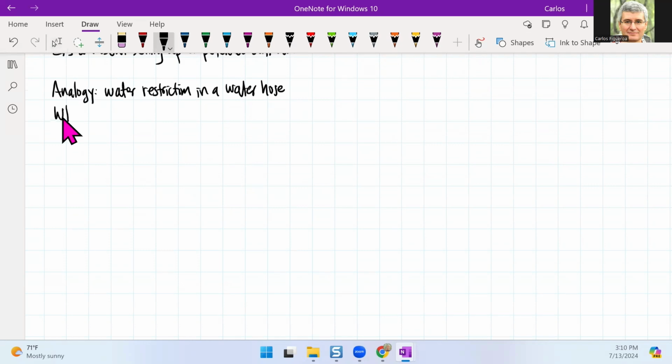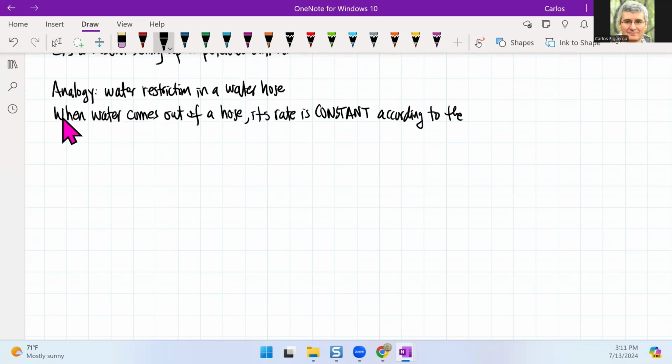So when water comes out of a garden hose, its rate is constant according to the volume flow equation.